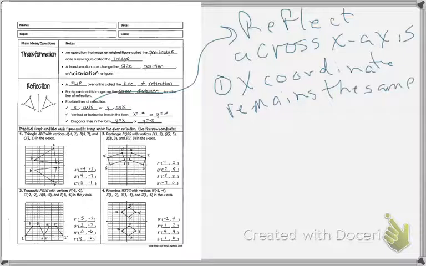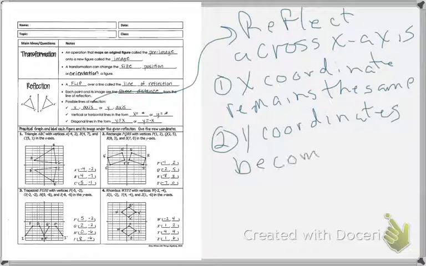Here's what happens to the y-coordinate. Number 2, y-coordinates become their opposite.